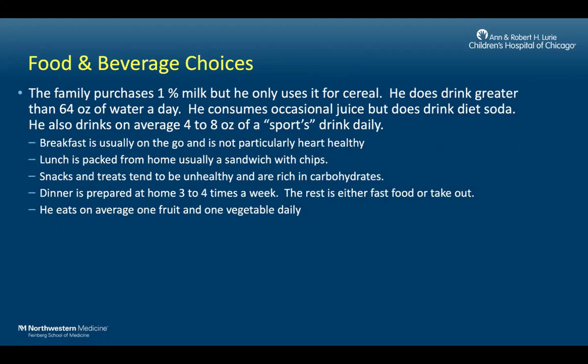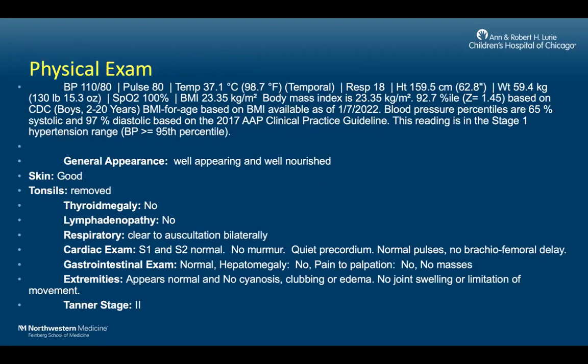Breakfast is on the go. Lunch is usually packed from home. Snacks and treats are mostly unhealthy, a lot of chips, a lot of cookies. And dinner is usually at home 3 to 4 days a week, and the rest is fast food or takeout, and he eats an average of 1 fruit and 1 vegetable a day. Next slide.